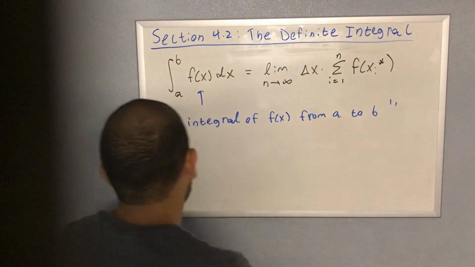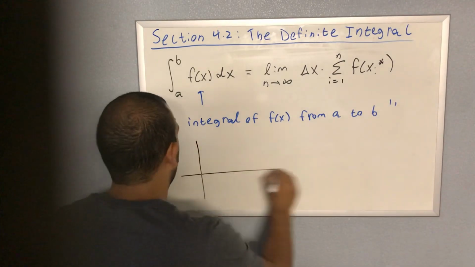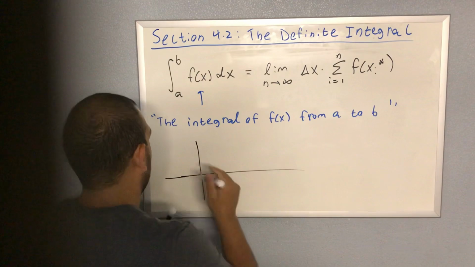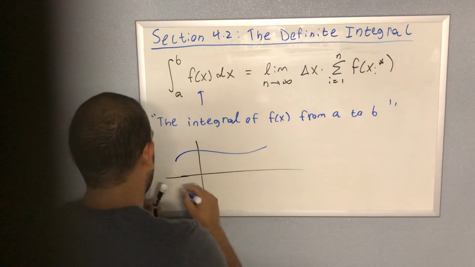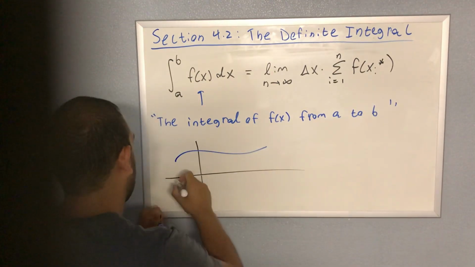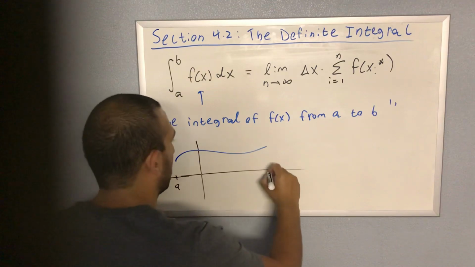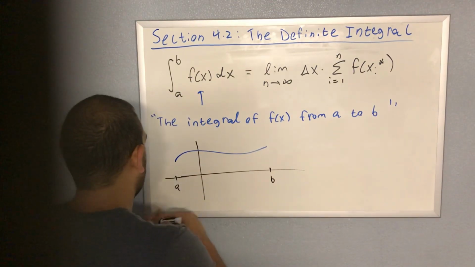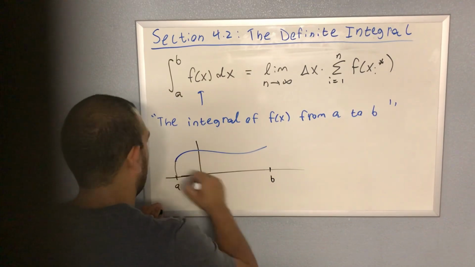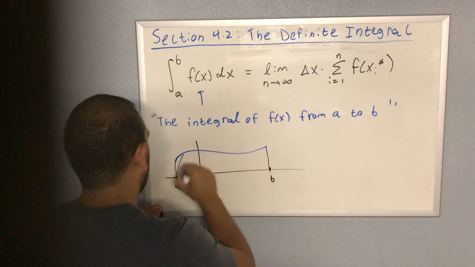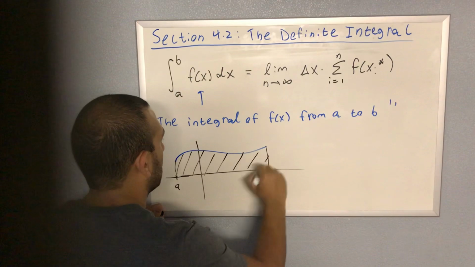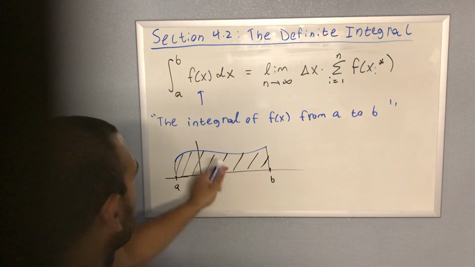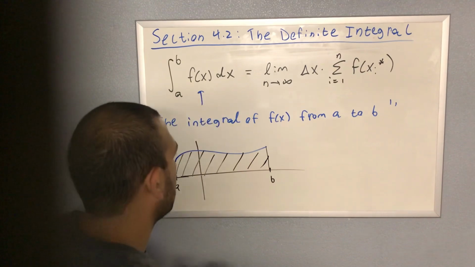So we had some function here, and then this was a, and this was b, and we wanted to calculate the area underneath the curve. So from a to b, we wanted to calculate this area. This area right here is exactly what this is equal to.